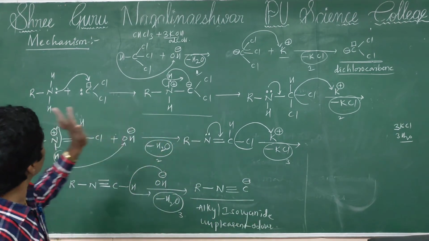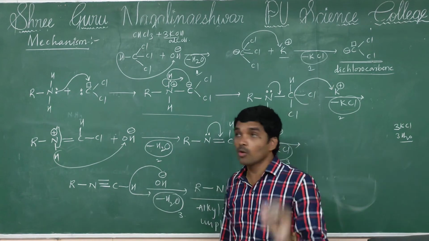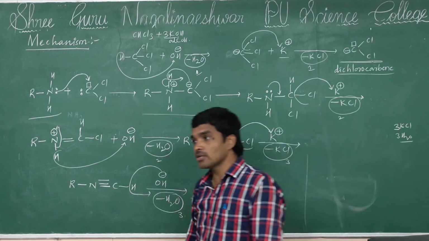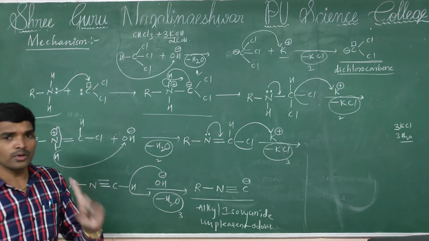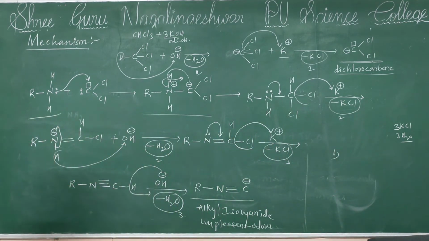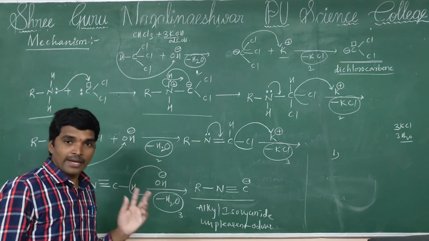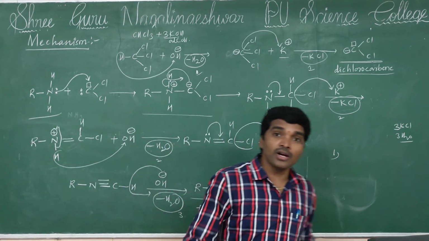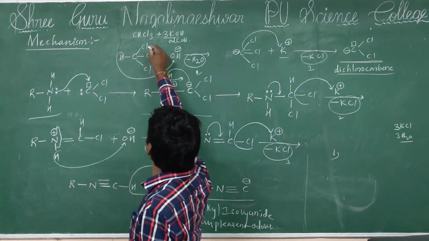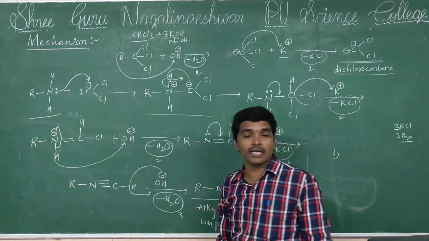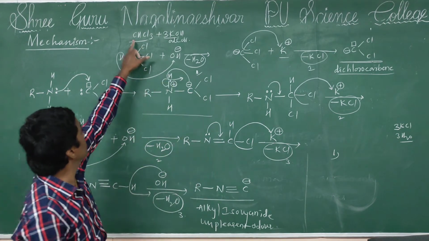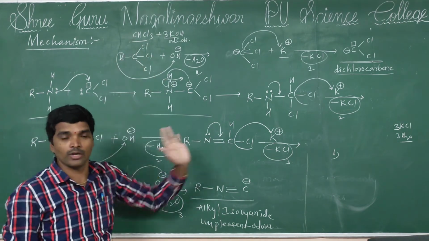So this test is possible only for primary amines. Secondary and tertiary amines are not possible. Why? The simple and major reason, remember, is that secondary and tertiary amines have insufficient hydrogens to react with chloroform and alcoholic KOH.